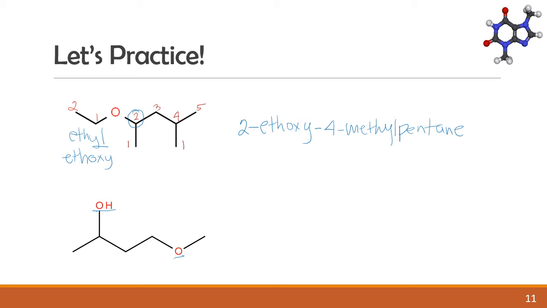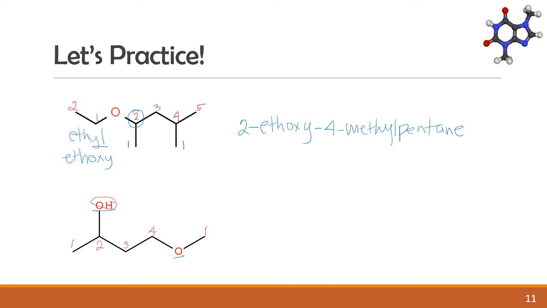On the right side of oxygen, we have a 1-carbon chain. On the left side, we have a 1, 2, 3, 4 carbon alcohol. Numbering is from left to right because the hydroxyl group has higher priority than the ether group.